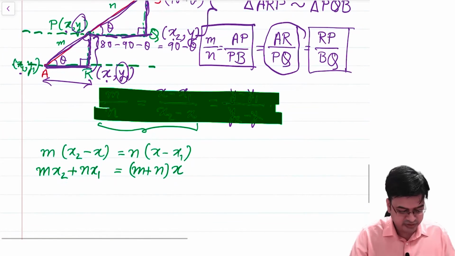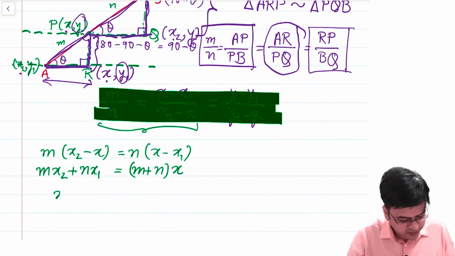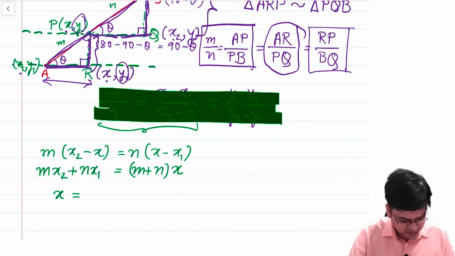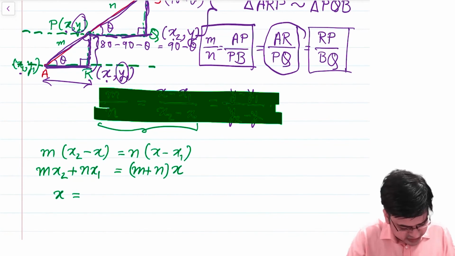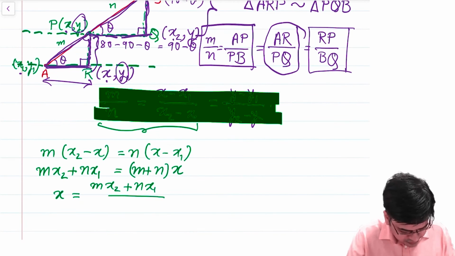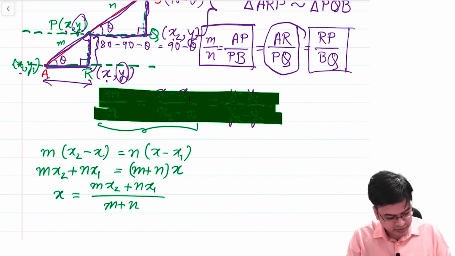You should be able to get it. It's very easy. Then you will get x equal to, because m and n are non-zero quantities, they cannot be 0. If they are 0, we will not be solving this problem, right? So we can simply divide both sides by m plus n, and therefore we will get x equal to (m x2 plus n x1) upon (m plus n).